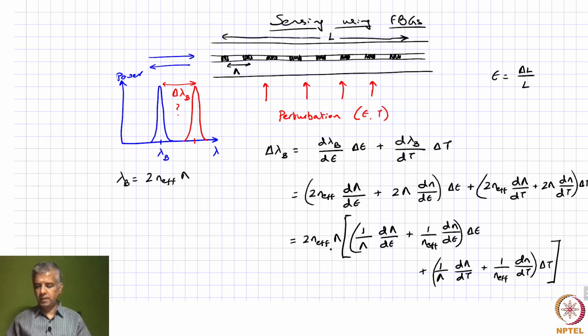So you have taken this term, which we know corresponds to lambda B. So delta lambda B is a fractional change around lambda B because of all these factors.